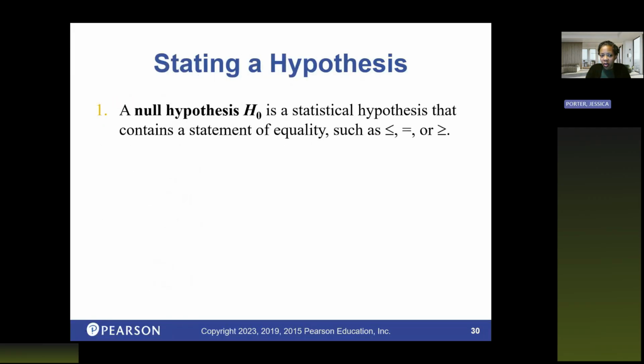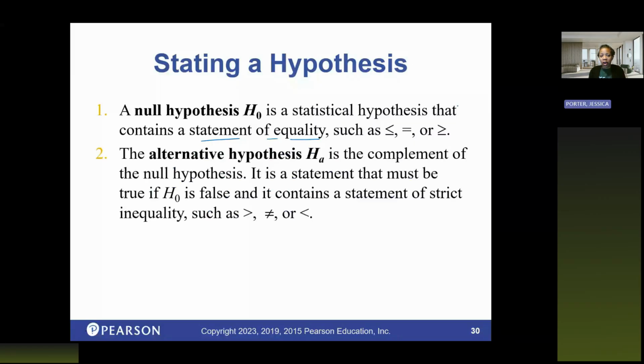A null hypothesis is a statement of equality. So you'll know the null hypothesis by the fact that it has an equality symbol. So that has equal sign, equals, equals. The alternative hypothesis, on the other hand, is the complement of the null hypothesis.